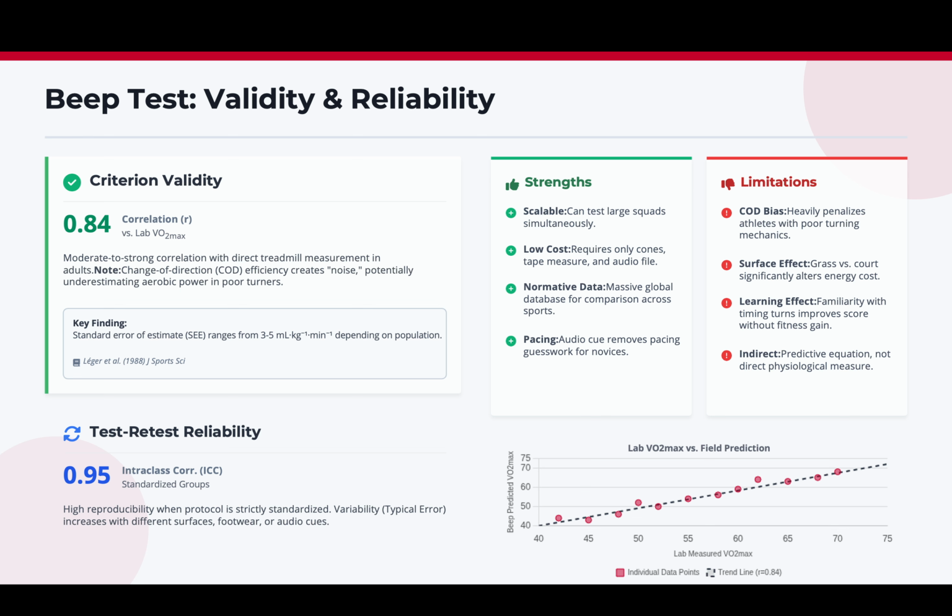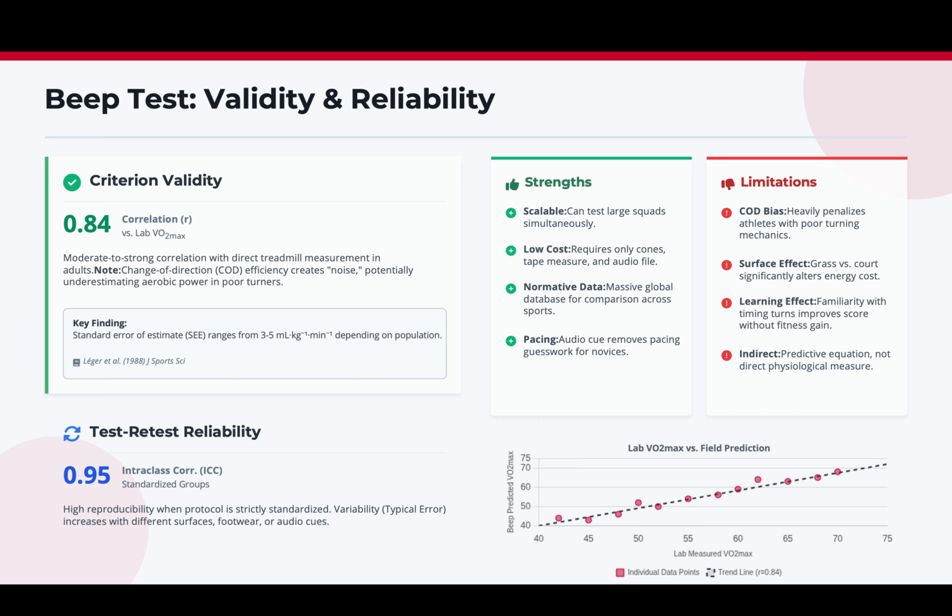The standard error of estimate ranges from 3 to 5 milliliters per kilogram per minute, depending on the population. The test reliability is 0.95 in standardized groups. It has high reproducibility when the protocol is strictly standardized. Variability: typical error increases with different surface, footwear, or audio cues.